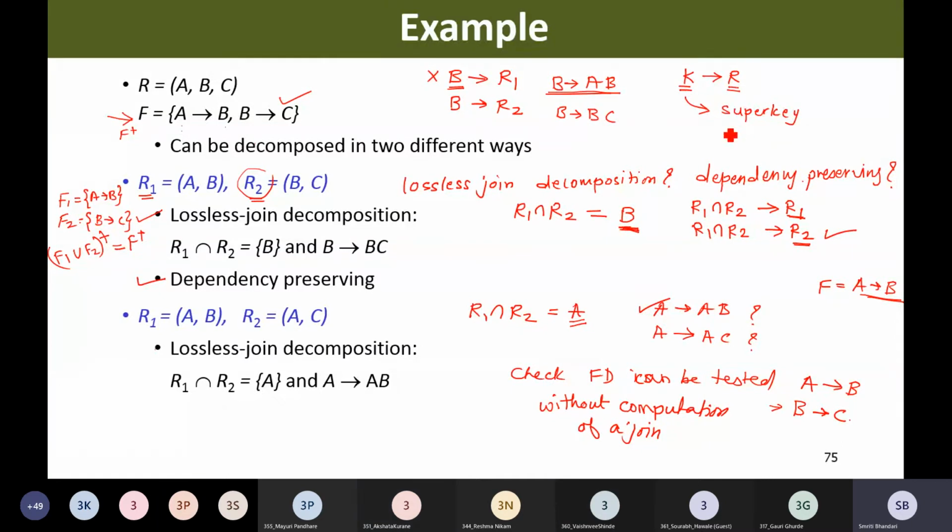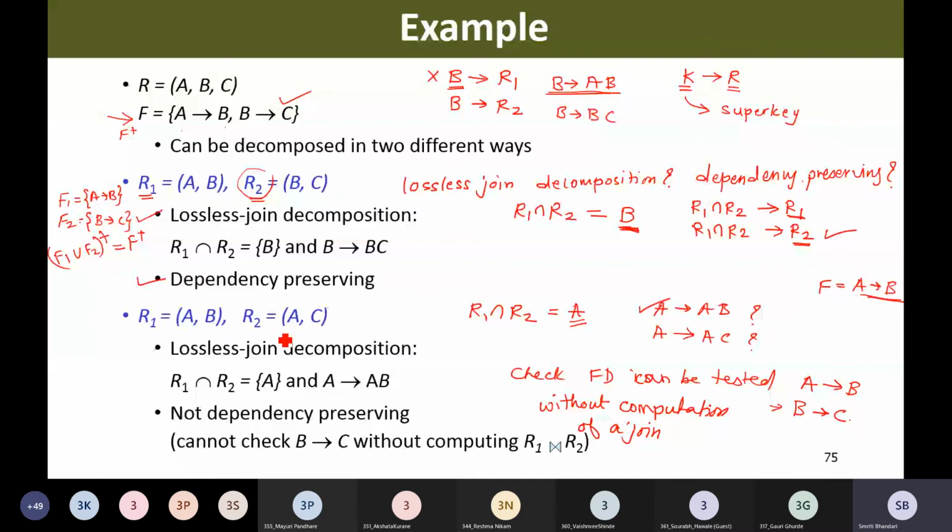So what can we conclude now? Is this decomposition preserving the dependency? No. This decomposition is not preserving the dependency because we cannot check the dependency B determining C without computation of the join of R1 and R2.